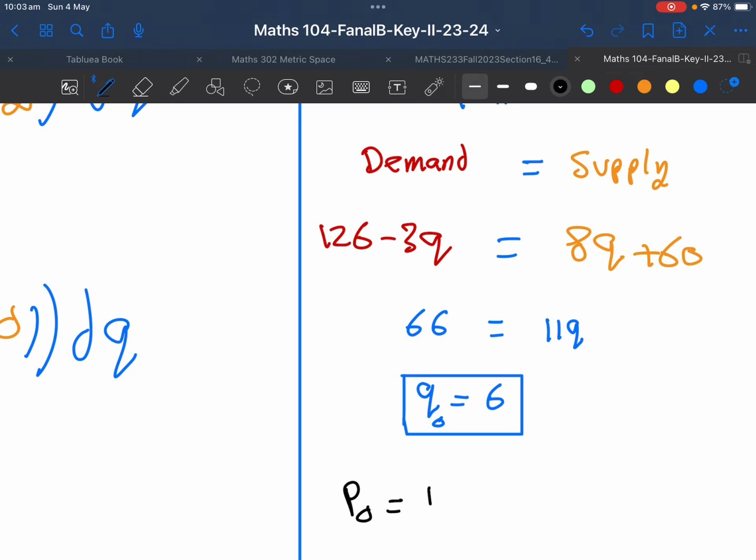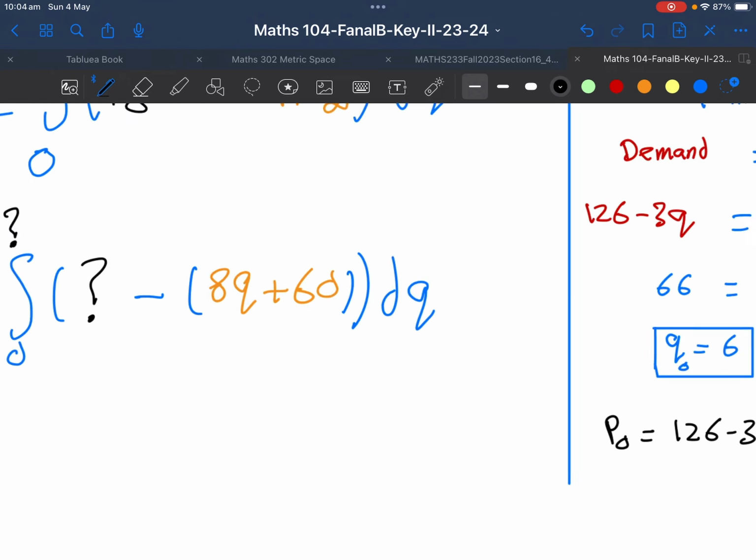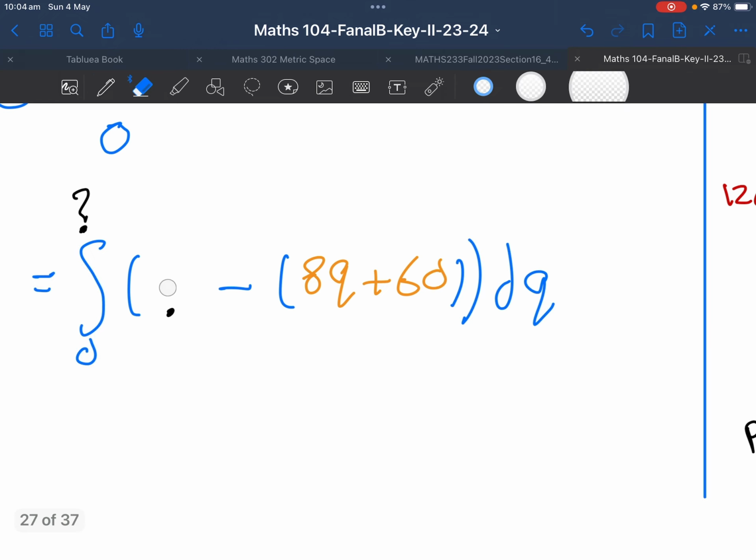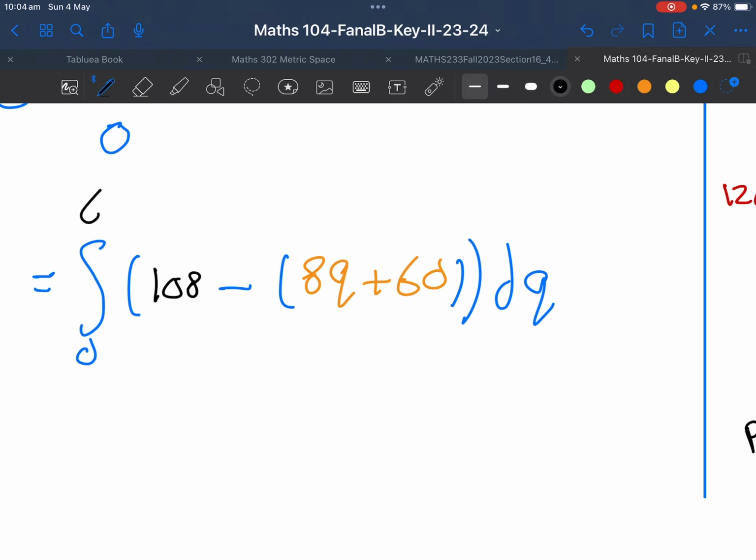So how to find P0? I will substitute in the demand, which will give me in dollars 108. So I come back here, and now I know this is 108. This is the equilibrium price. And for the quantity, I know now this is just 6.